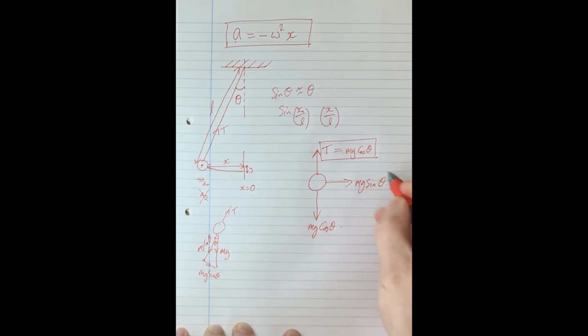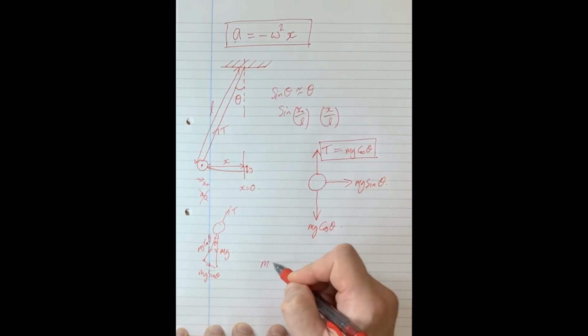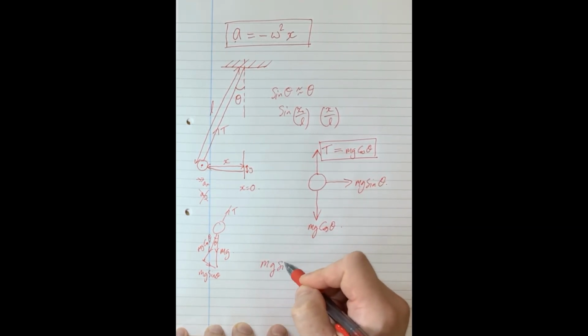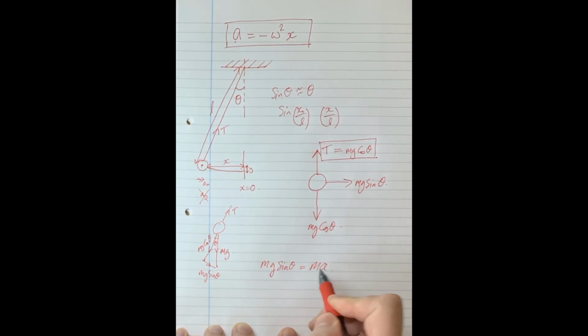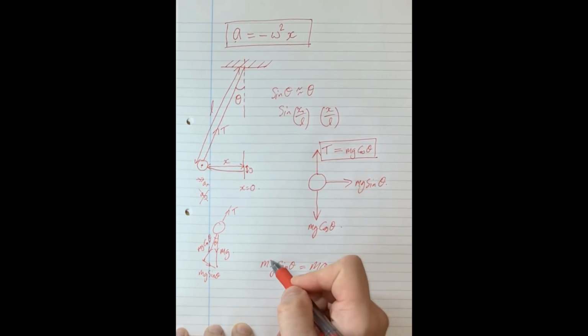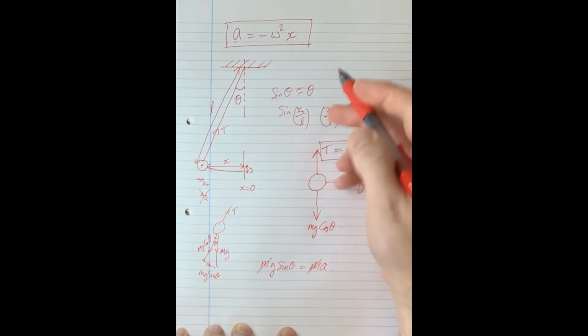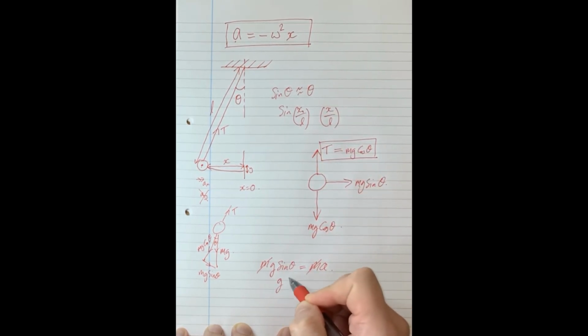And what we're going to say then is mg sine theta is equal to Newton's second law, the mass of the object times whatever the acceleration of that object is. So we can cancel the masses. We can also suggest that sine theta for small angles is just theta, and that is going to just equal the acceleration.